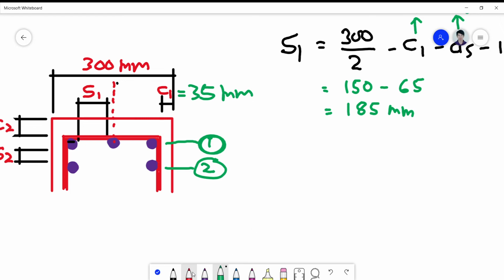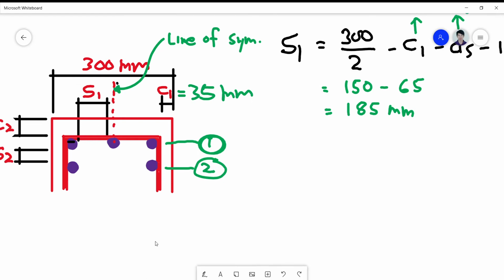Remember that this is a line of symmetry. Okay. In any case, if this is not symmetrical, in special cases, you have to compute it differently based on the given conditions.